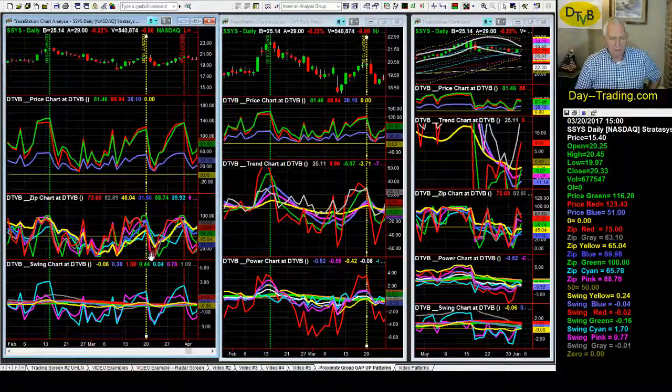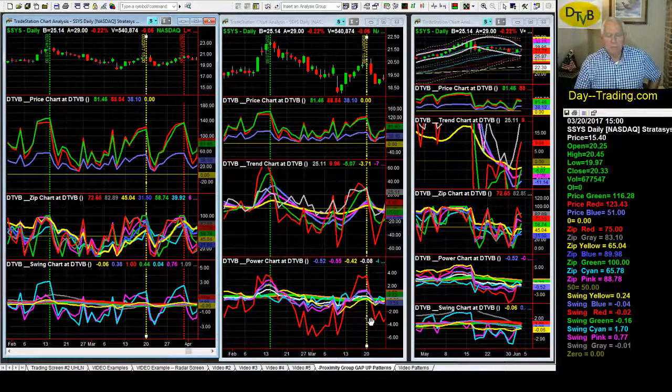I haven't double checked on the zip yellow, but that might still be the lowest. Anyway, one of them has gone under, so the pattern technically is over. The swing pattern is over.